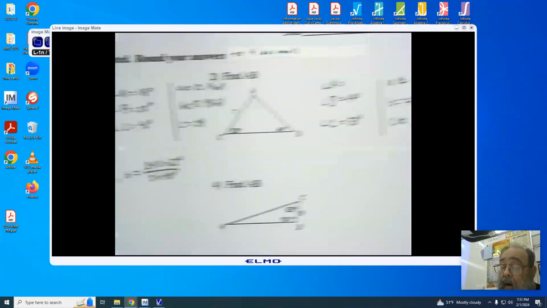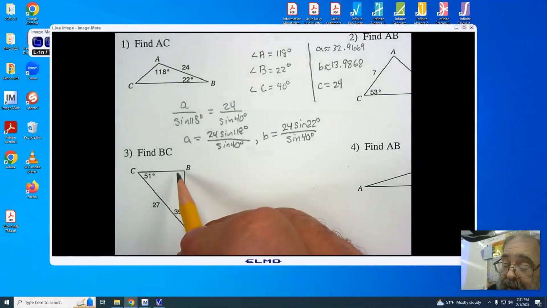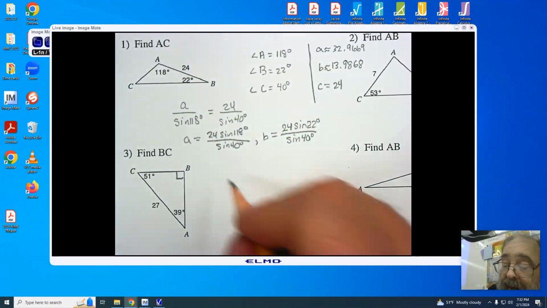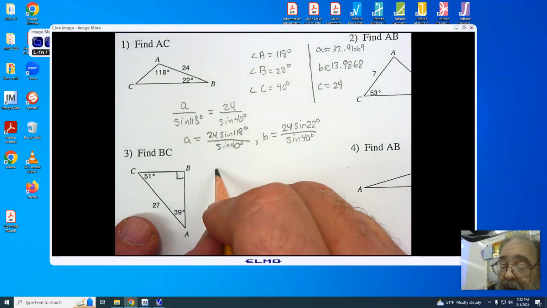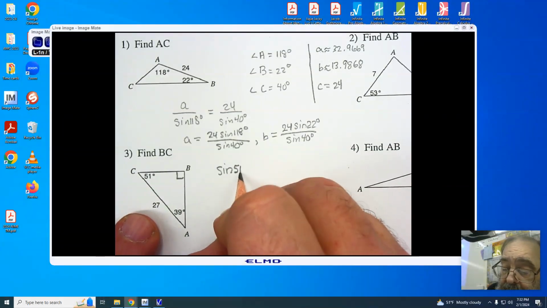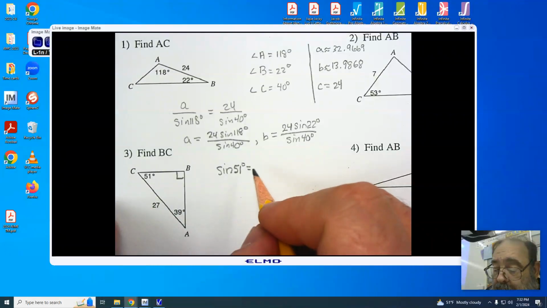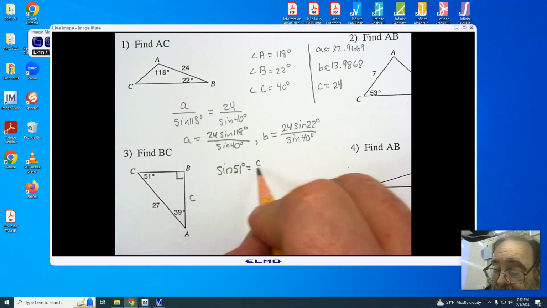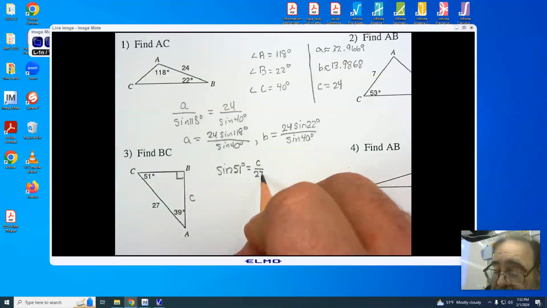Be aware, whenever you find a 90-degree angle like you do in number 3, we immediately go to our SOHCAHTOA. So we're either going to work with the sine of the 51 degrees is equal to our opposite side, C, divided by our hypotenuse, 27.